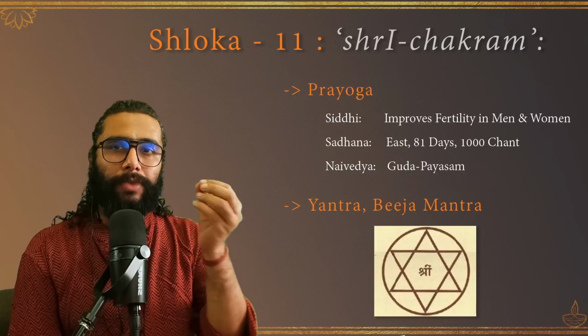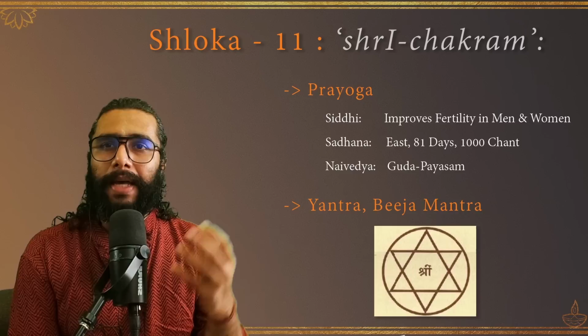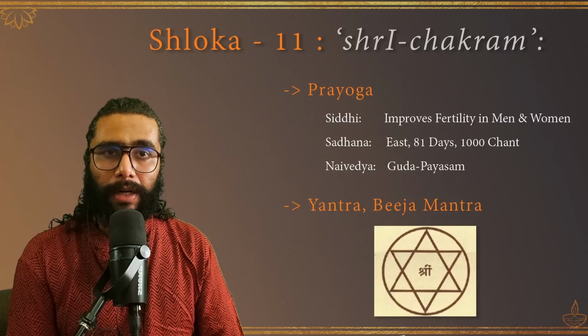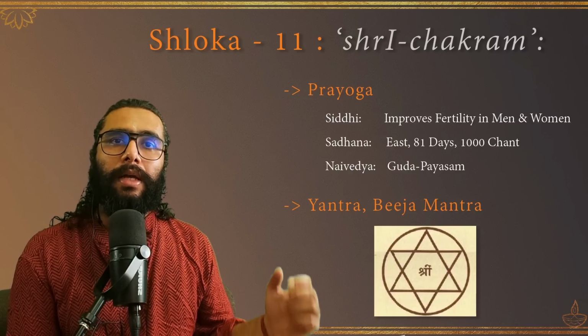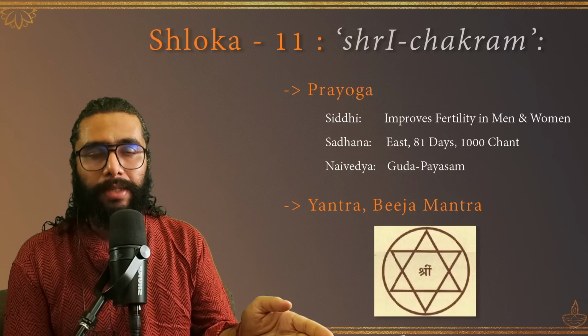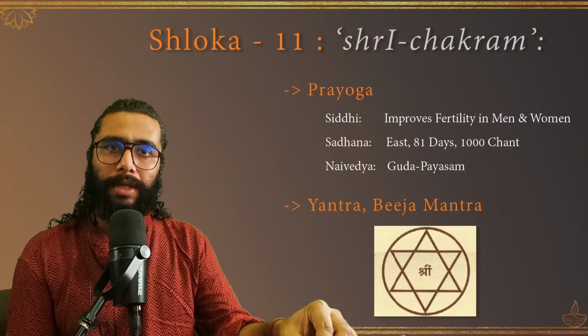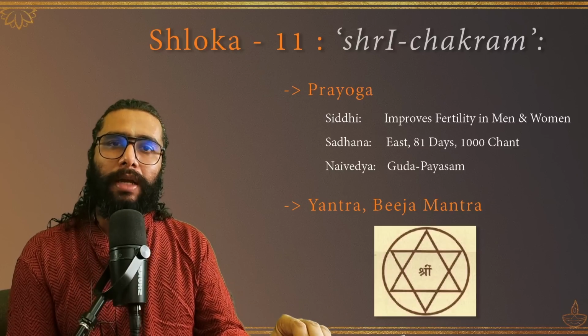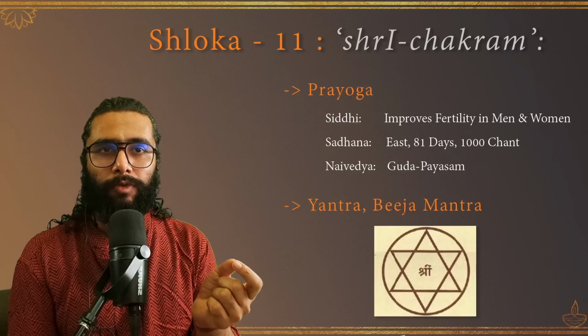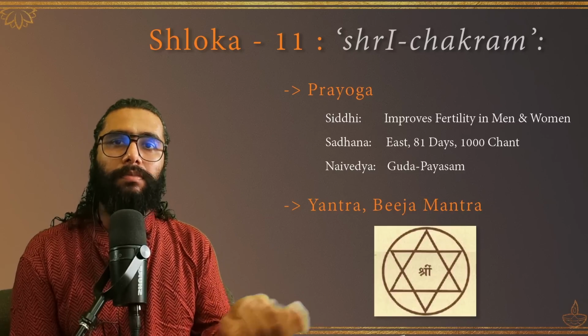If there are miscarriages or infertility issues that people are facing, then doing this sadhana, once again facing east, this time for a period of 81 days, chanting 1000 times each day, by offering a naivedya of guda payasam, which is a jaggery-made recipe.